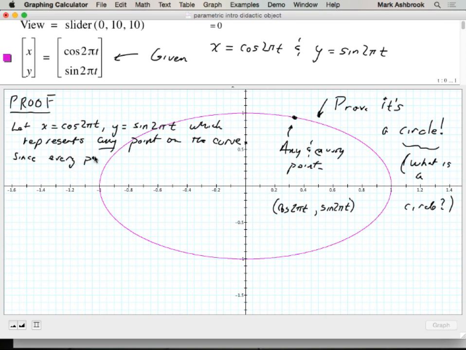Since every point on a circle is equidistant from the center, want to show what? WTS, want to show. What do I want to show?